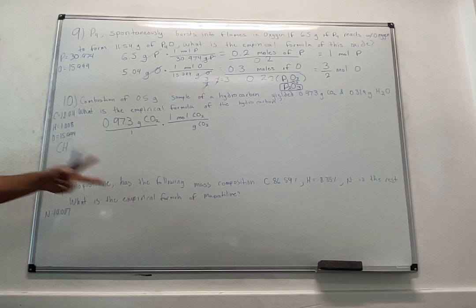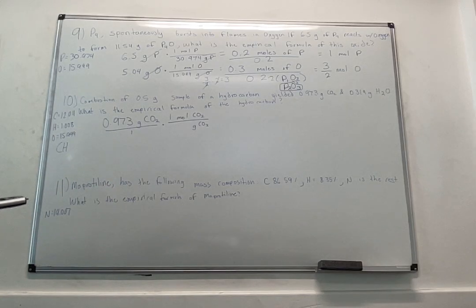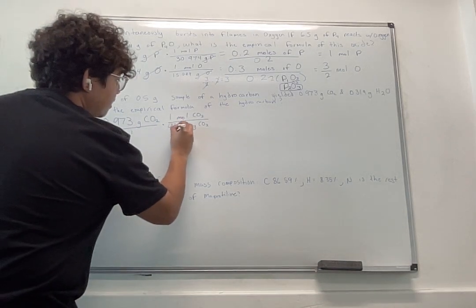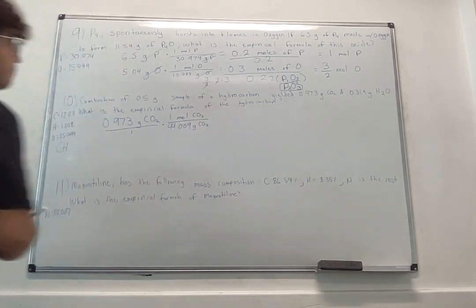But don't forget, there's 2 oxygens. So we got to do 15.999 times 2, which gives us 31.998, plus our carbon, which is 12.011, and gives us 44.009. And there we go.